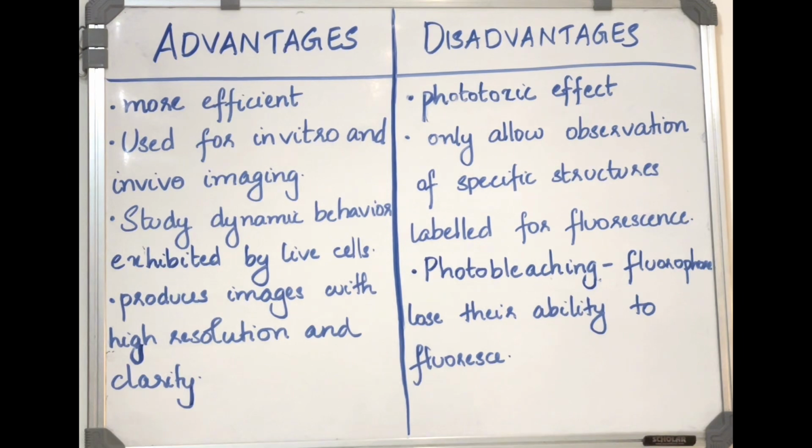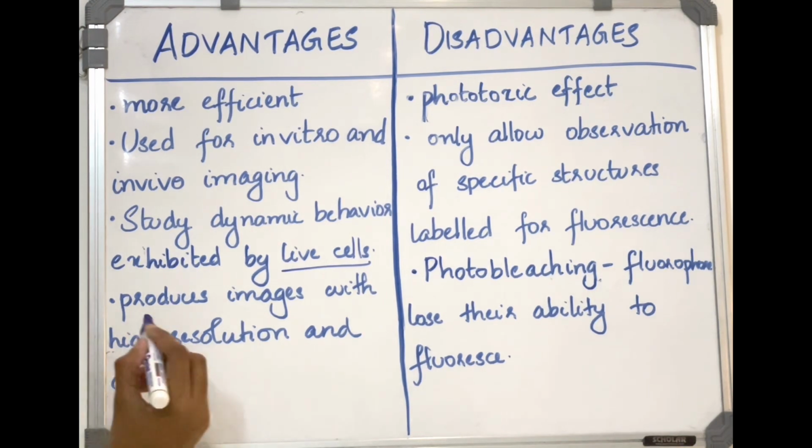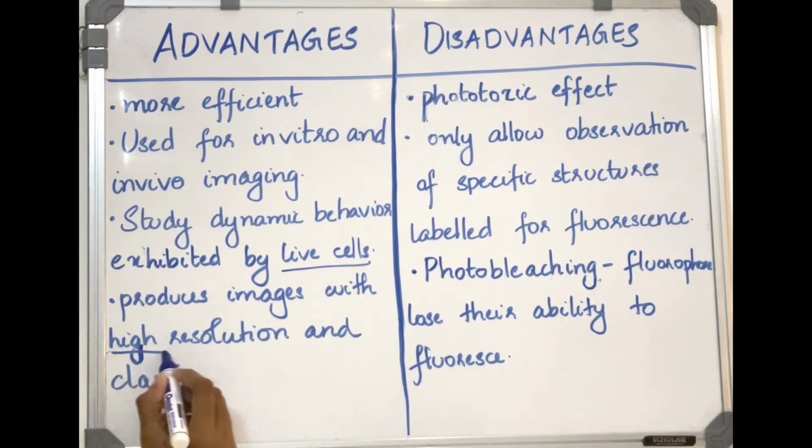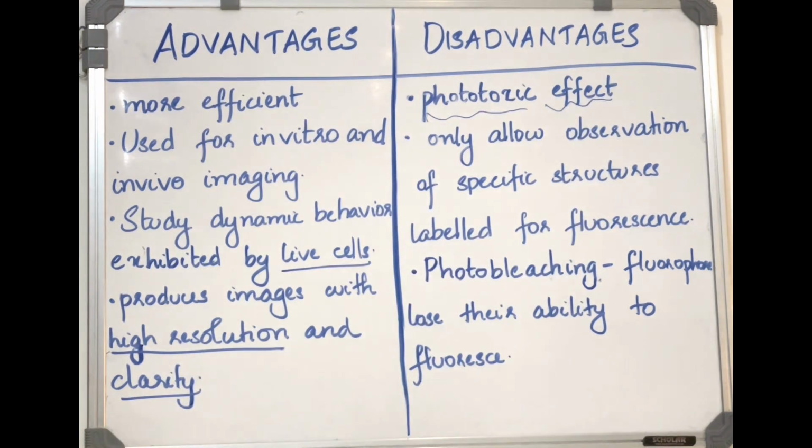It is also used to study the dynamic behavior exhibited by live cells, and it produces images with high resolution and clarity. The disadvantage is the phototoxic effect. We said that we use these microscopes to analyze live cells, and we label the samples with fluorescent molecules, that is fluorophores.